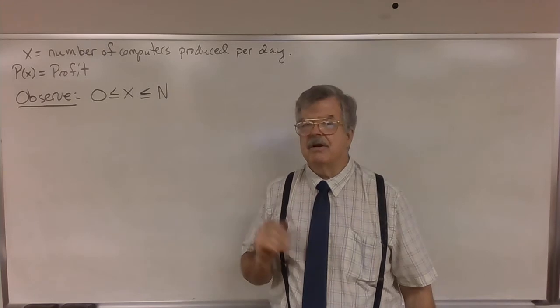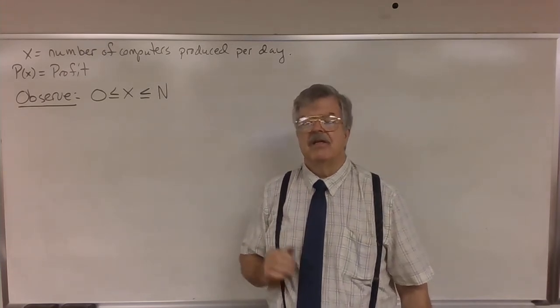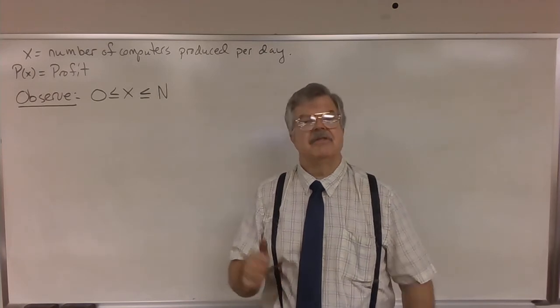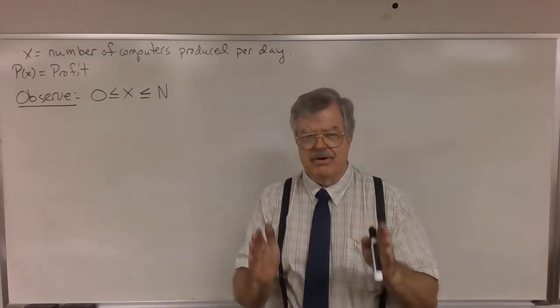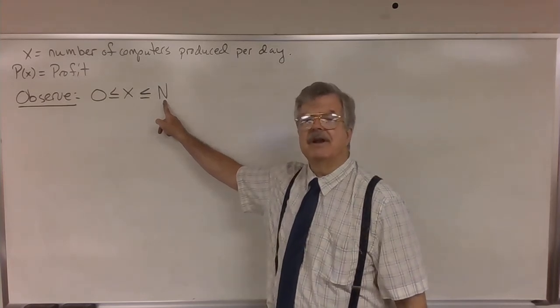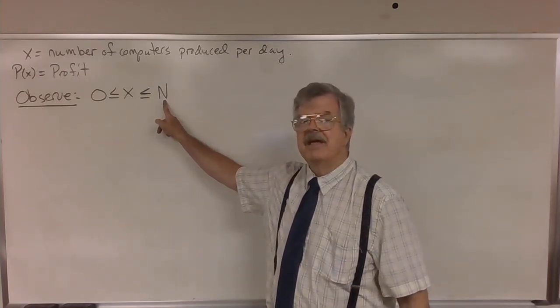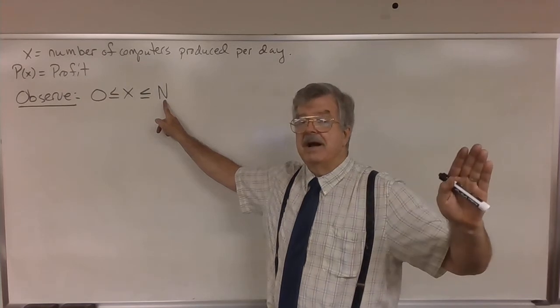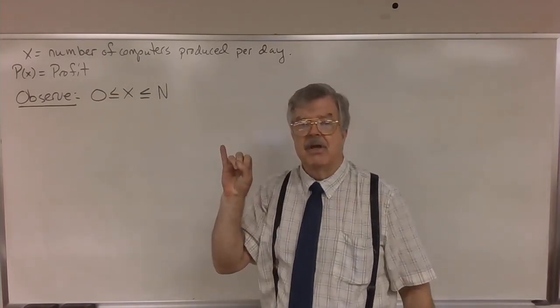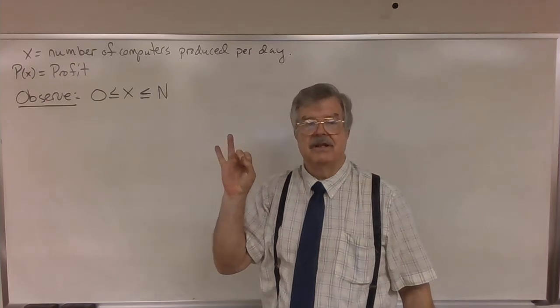But with the current number of assembly lines, the current number of workers, assuming that everything happens perfectly, there's a maximum number of computers that I can produce every day that I cannot go beyond without either hiring more workers or expanding the facilities or both.